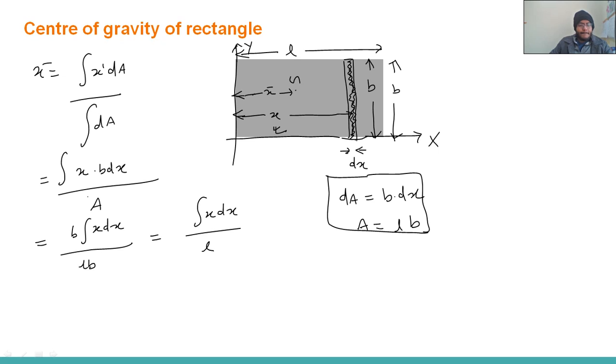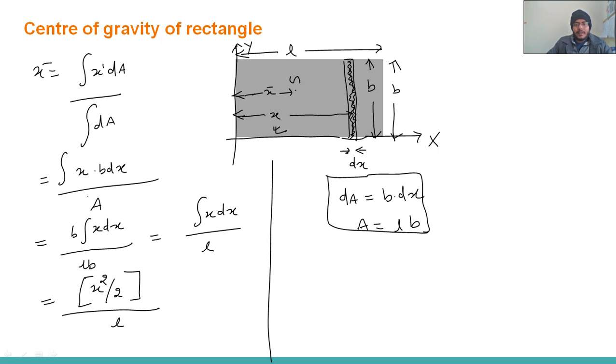Now integration of x dx will be x square divided by 2. What will be the limit? When the segment is here, x will be 0. When the segment is here, x will be L. So upper limit will be L and lower limit will be 0.